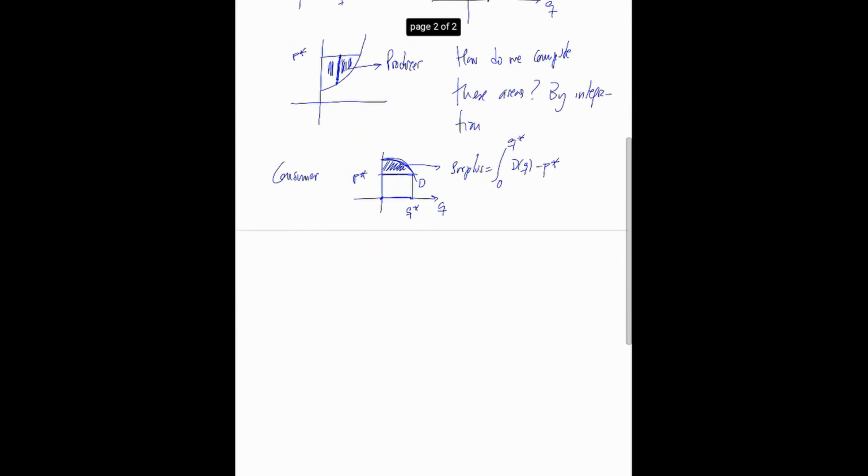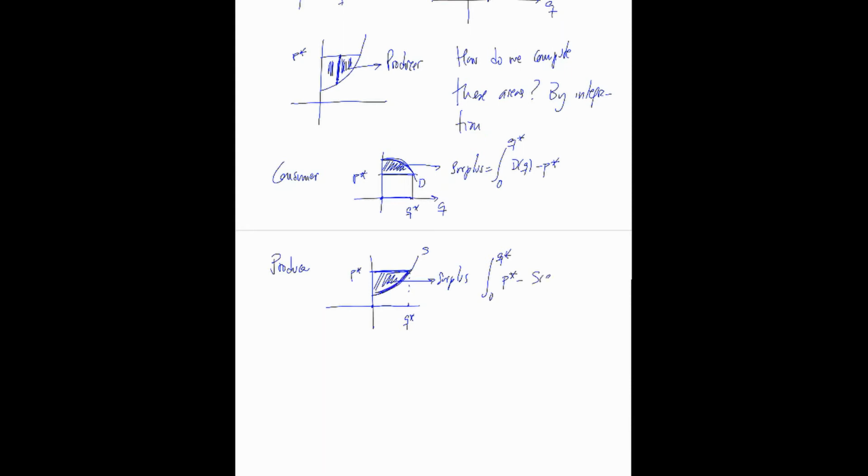Regarding the producers or suppliers, what we have here is a supply and a price. This area, as this point is the quantity at equilibrium, is computed as the integral between 0 and Q star of the upper curve, the equilibrium price, minus this one here, which is the supply.